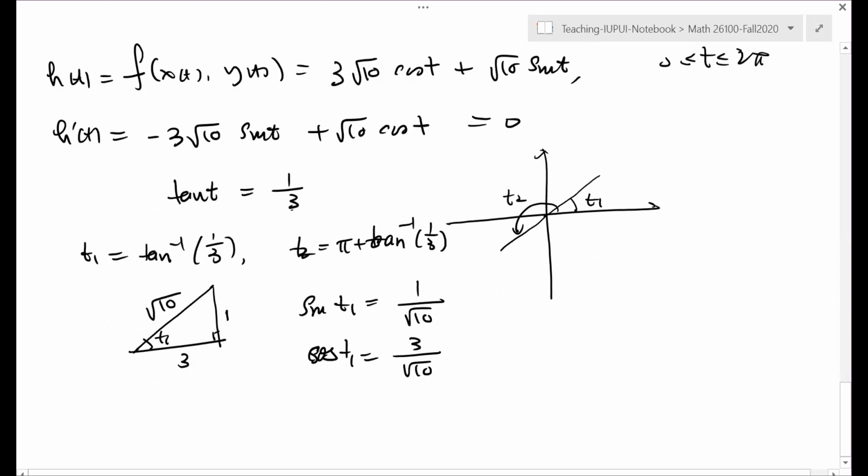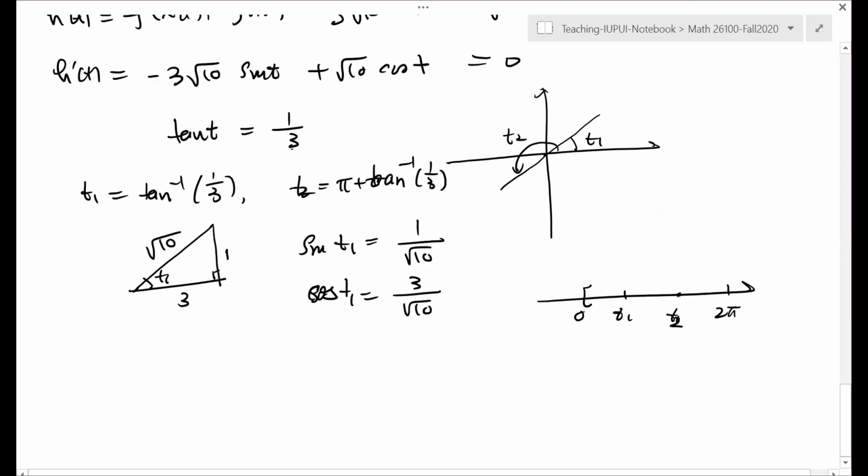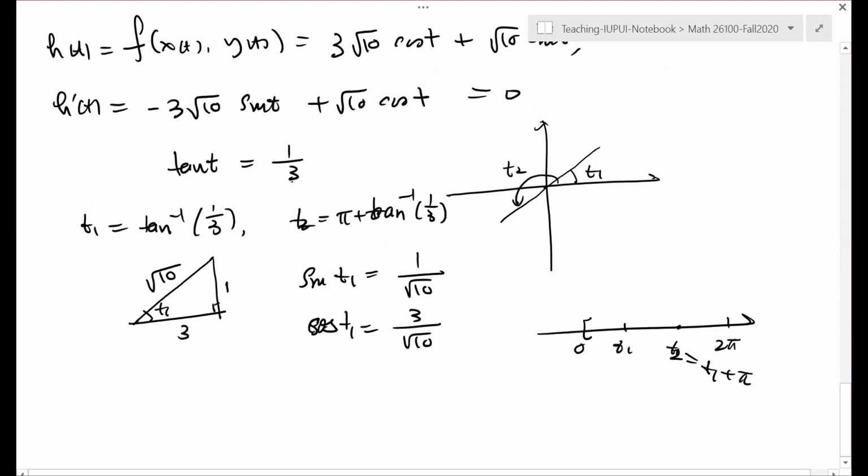So you have two critical points for the function h of t, which is a function defined from 0 to 2 pi. That's T1, and T2 is T1 plus pi. So now we have to evaluate the function.